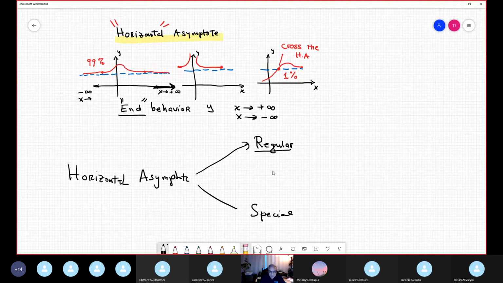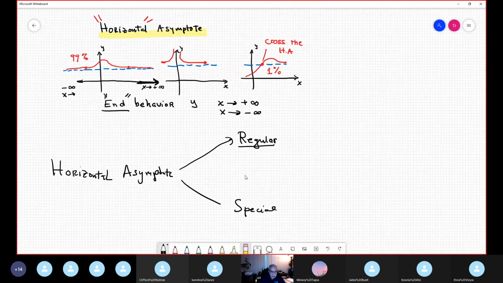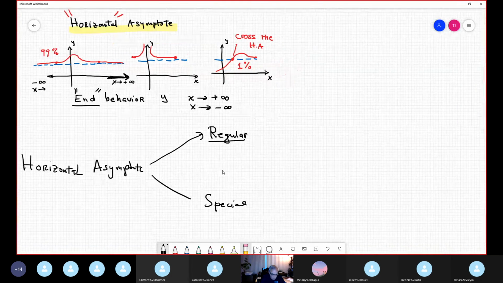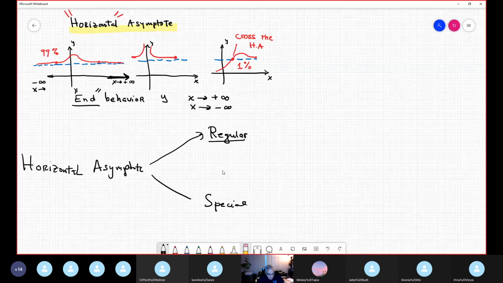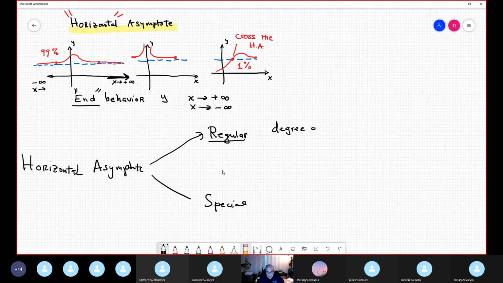This situation happens when the degree of the polynomial in the top, okay, this situation happens if degree of P is equal to degree of Q. I want to call this the analysis of the degree.